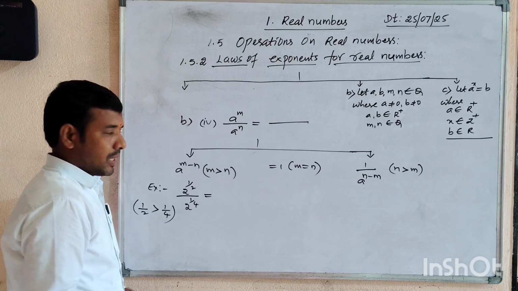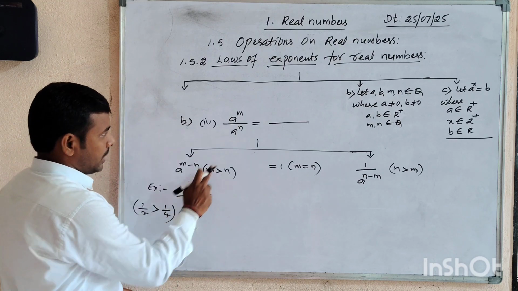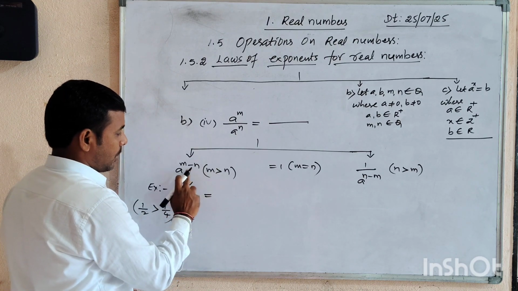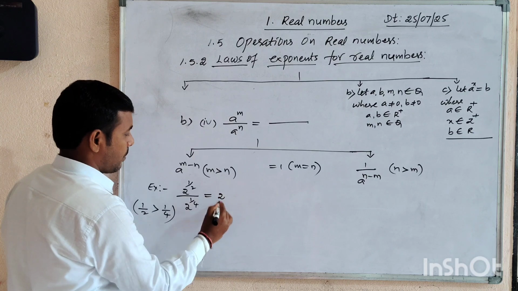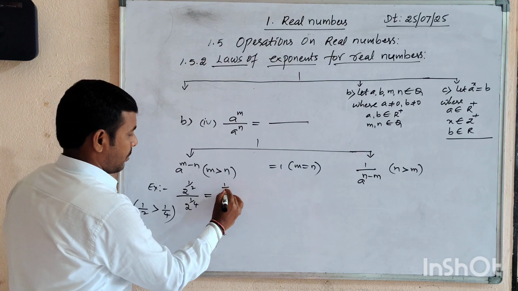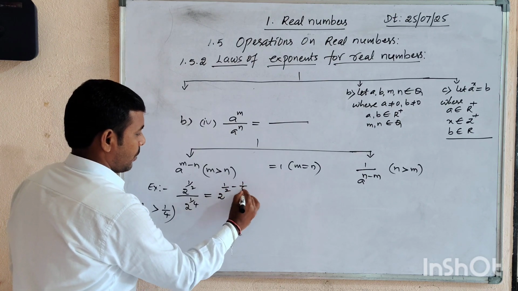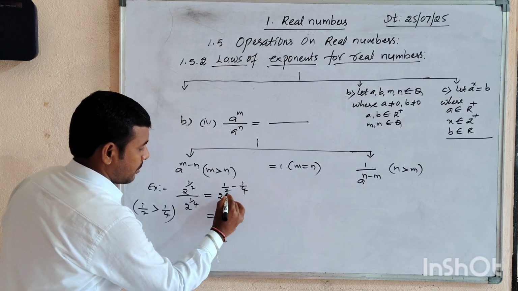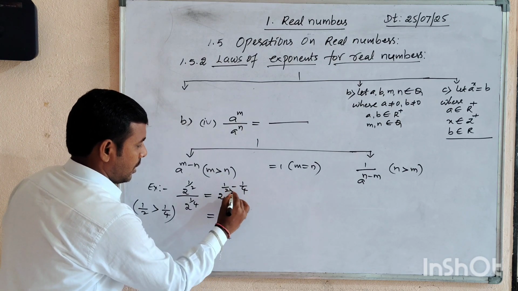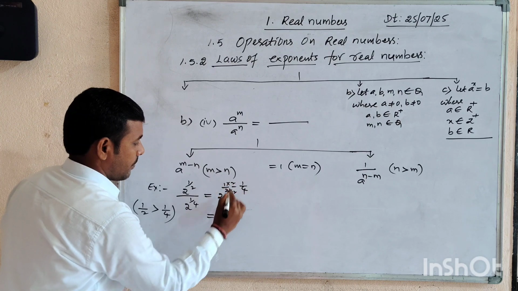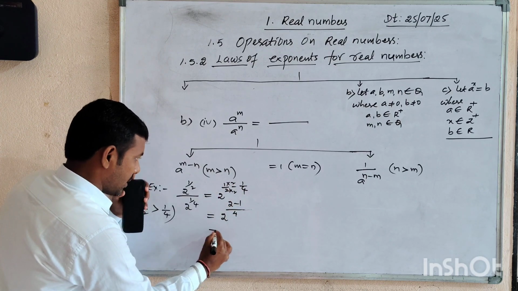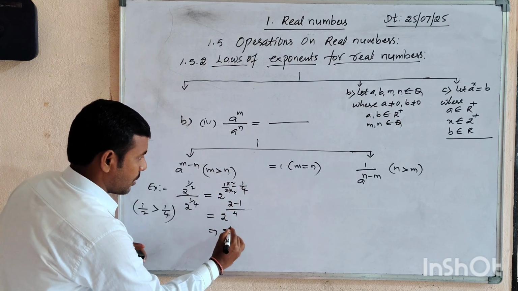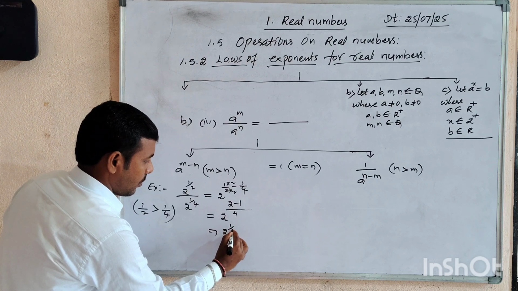Now, what is the answer? When m is greater than n, we can use this formula directly. Now 2 to the power of 1 by 2 minus 1 by 4. Now the calculation is going on. What is the LCM of 2 and 4? 4, so 2 into 2 to make the LCM same. Here 2 minus 1, what is the next position? 2 to the power of 1 by 4.